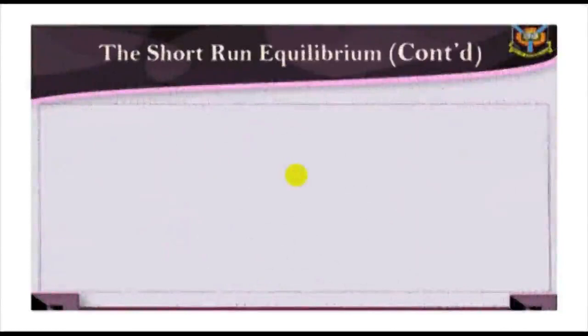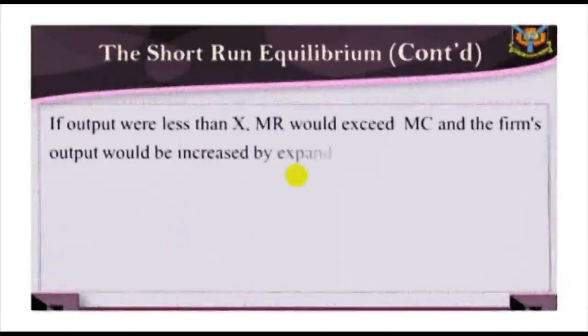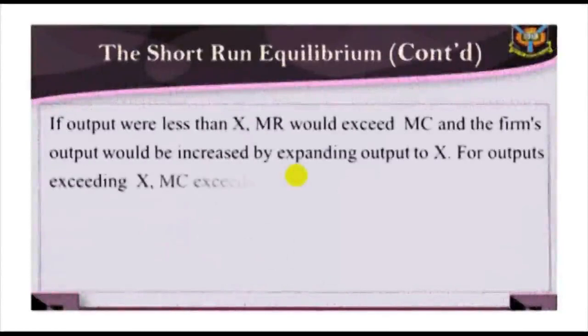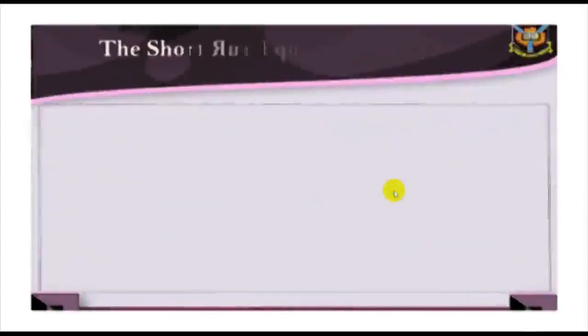If output were less than X, MR would exceed MC, and the firm would increase profit by expanding output to X. For outputs exceeding X, MC exceeds MR and profit will reduce.